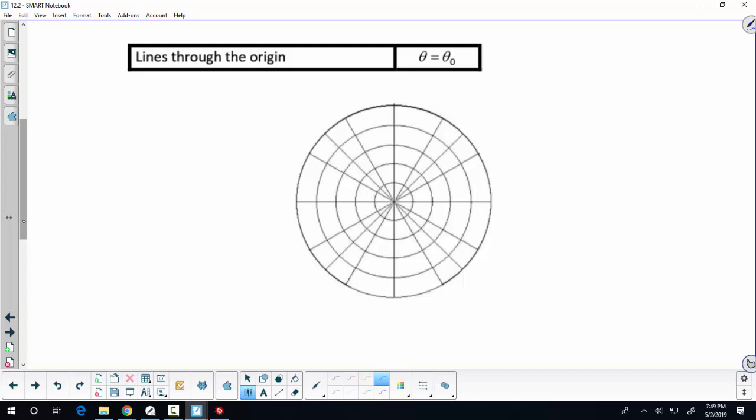Lines through the origin are described as theta equals theta naught, for example, theta equals pi over 4. That theta naught is a particular value, and theta is the variable.